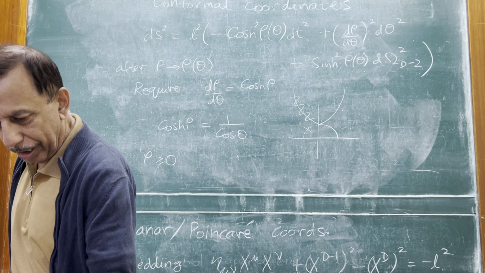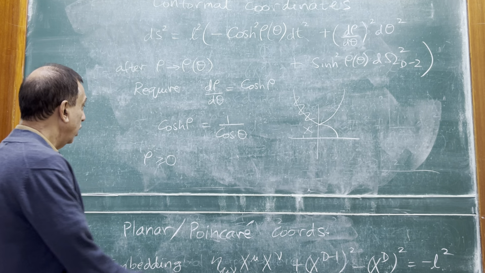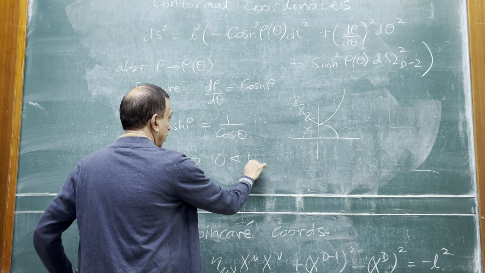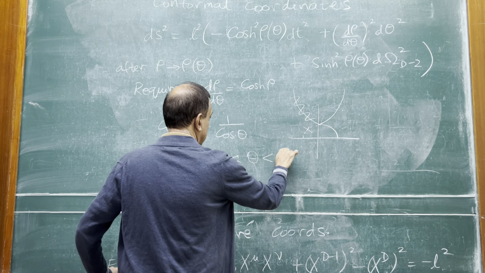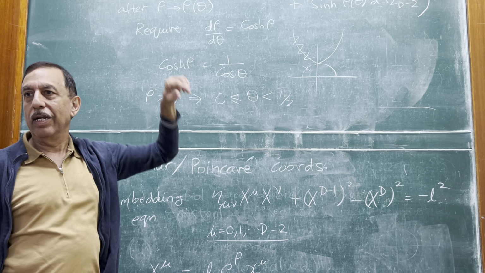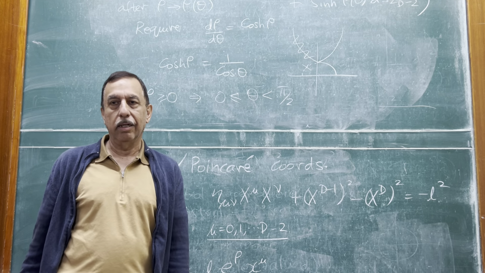I did this argument earlier, and so it follows that 0 is less than or equal to theta less than pi by 2, where pi by 2 is the place where 1 by cos diverges, so it's where rho has gone to infinity, so that's asymptotic infinity.